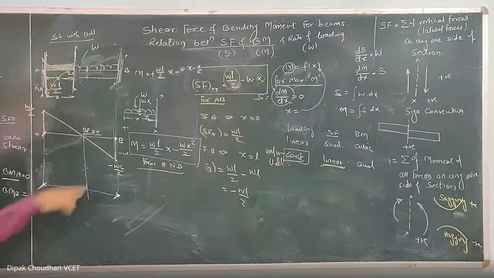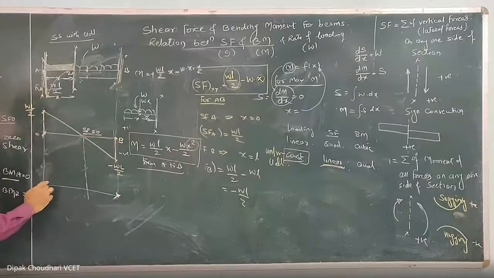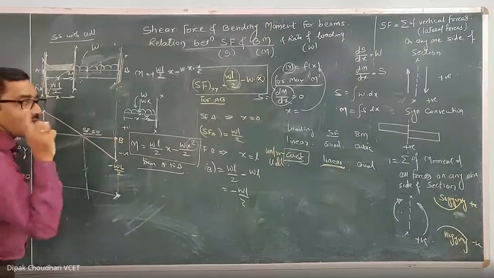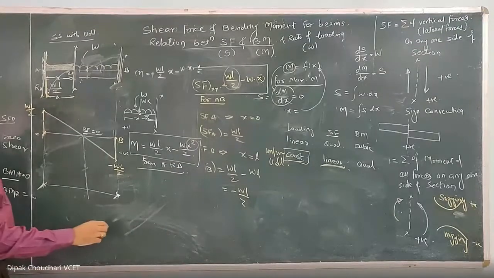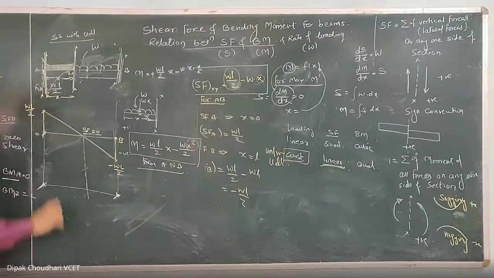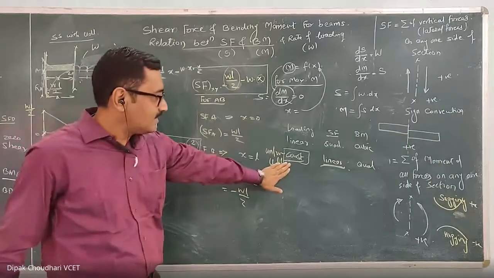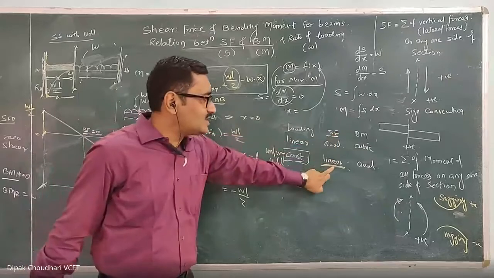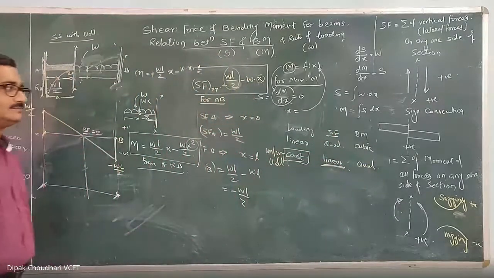Okay, and you will observe that this equation of the bending moment is a quadratic equation, and from this we can conclude that the bending moment diagram will be a parabola. Understood? Here it is a quadratic equation, so this will be the parabola. So remember, whenever the loading is a UDL or constant, the corresponding shear force is linear and the bending moment is quadratic or parabola.